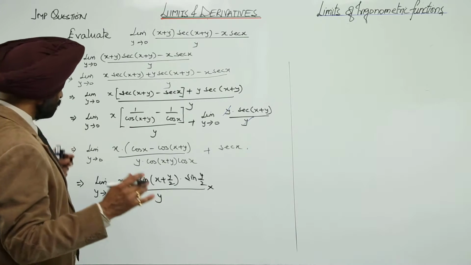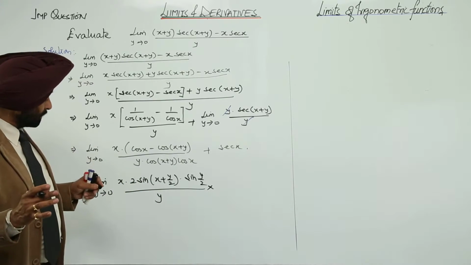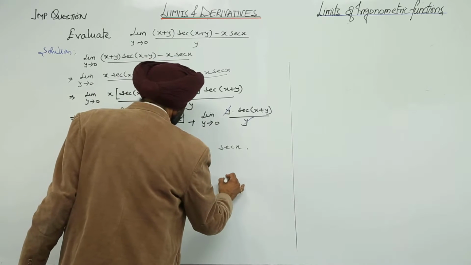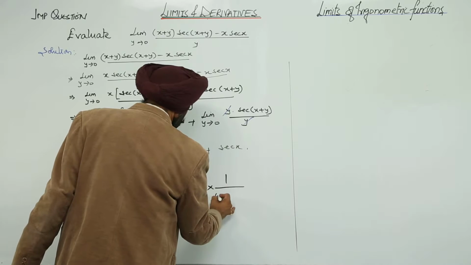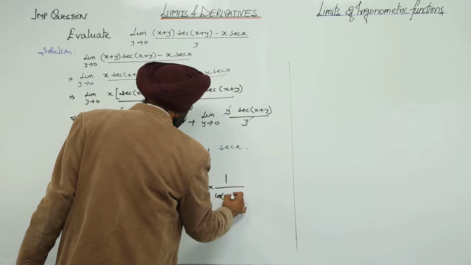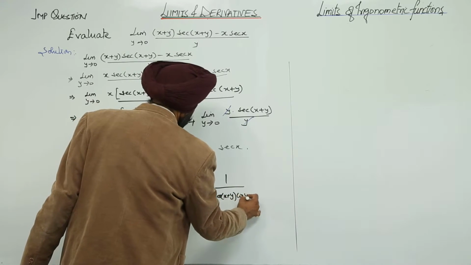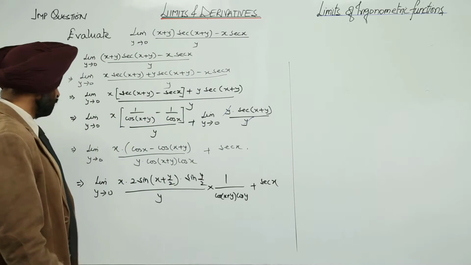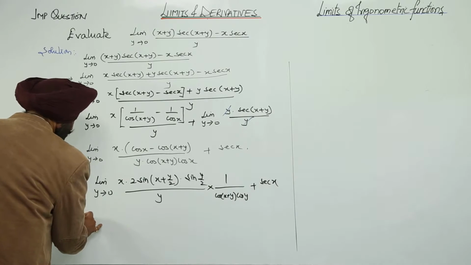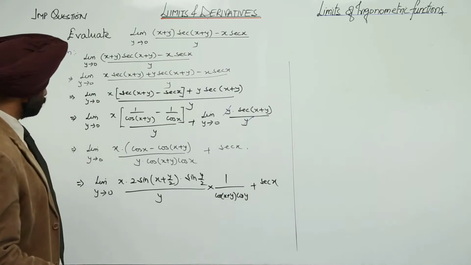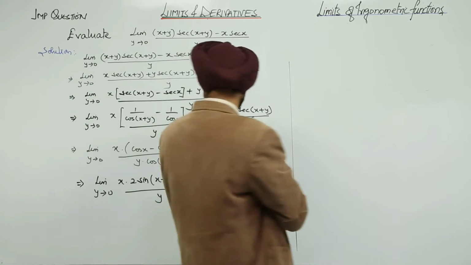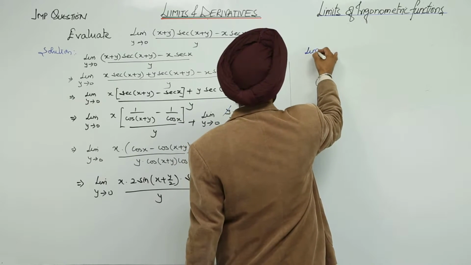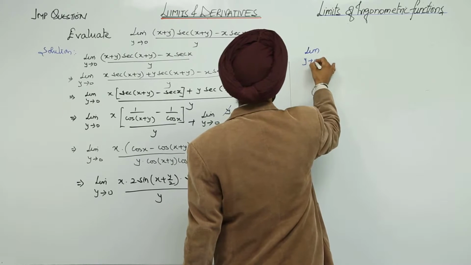Now I can do one thing here. Okay, we can do it in the next step. I can just write it as 1 upon cos x plus y cos x plus secant x. Okay. Now to this what we can write? Let me use this space. Limit y approaches 0.